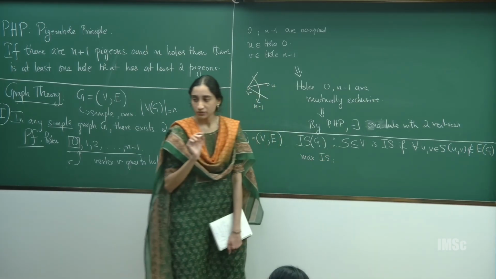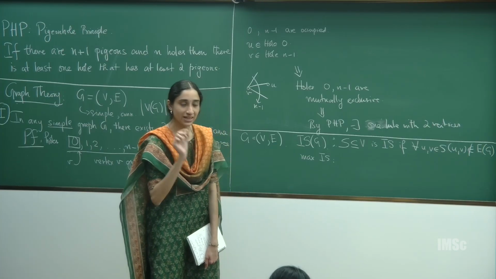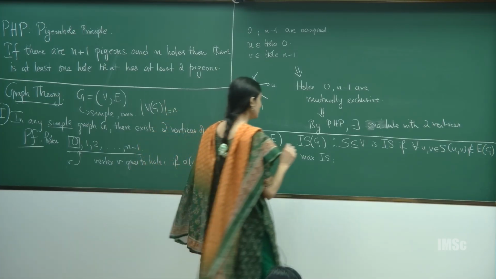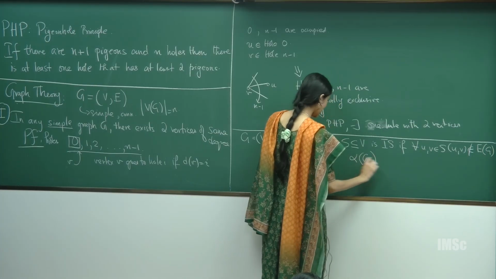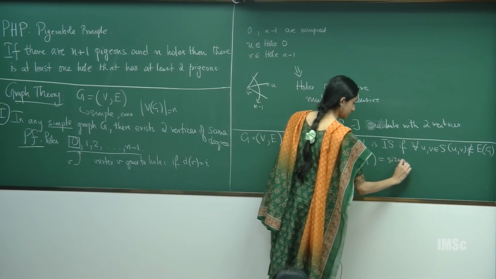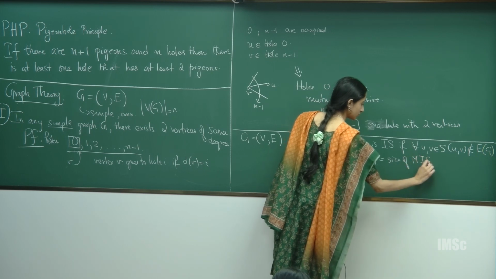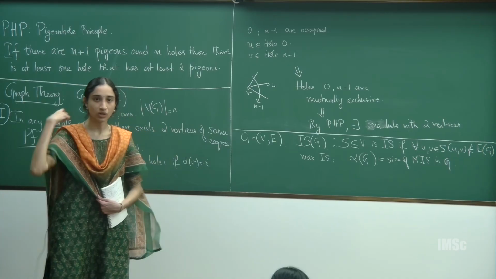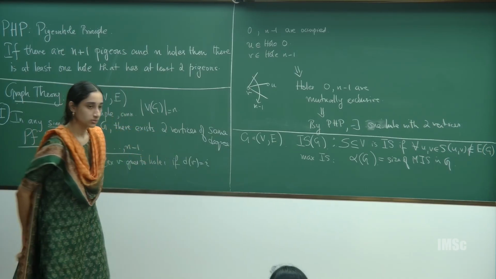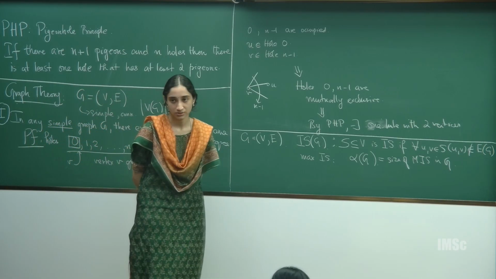So for every graph, you can say this is the cardinality of the maximum independent set. So we will call that the independence number. So it is the size of the maximum independent set. Maximum, minimum does not make sense, right? Just one vertex is an independent set. Is that okay?